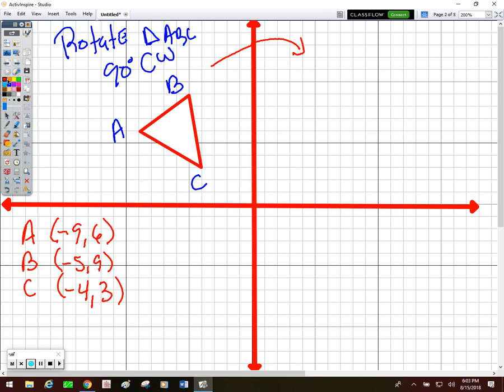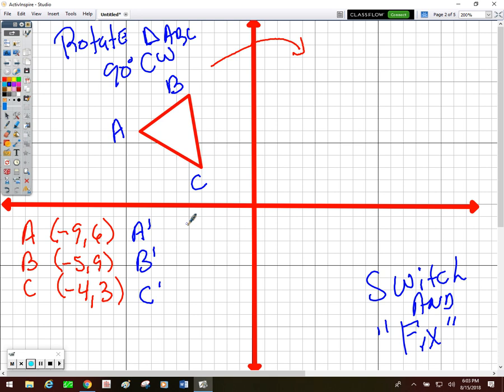Now remember the rule for 90 degrees. If it's a 90 rotation, we're going to switch it, and then we're going to fix the signs according to the quadrant that we're in. For A prime, B prime, and C prime, all we're going to do is take our pairs and switch them.